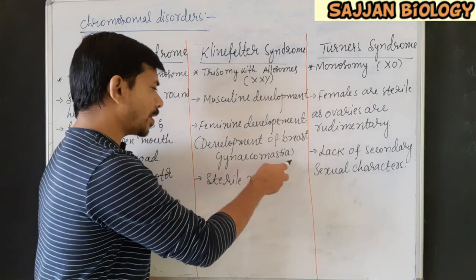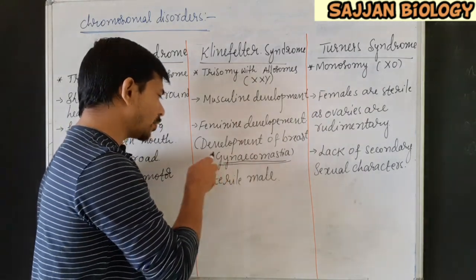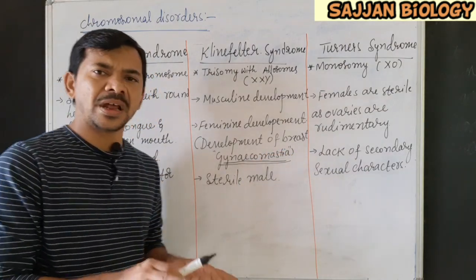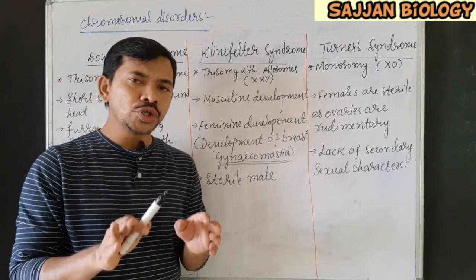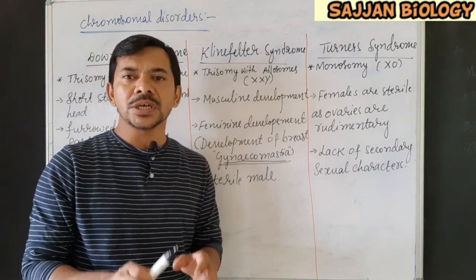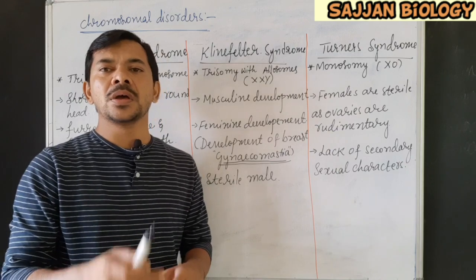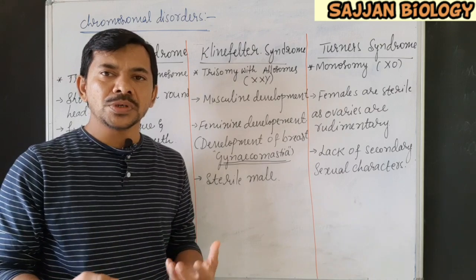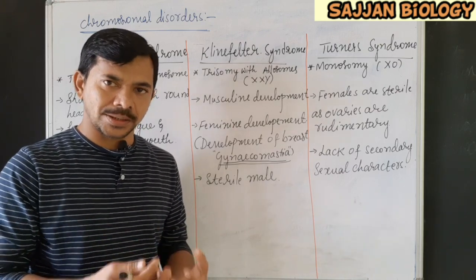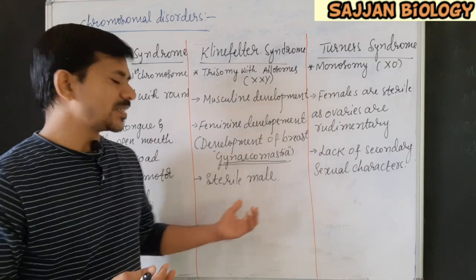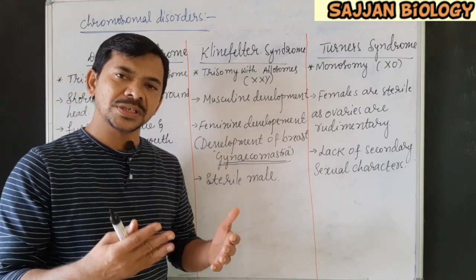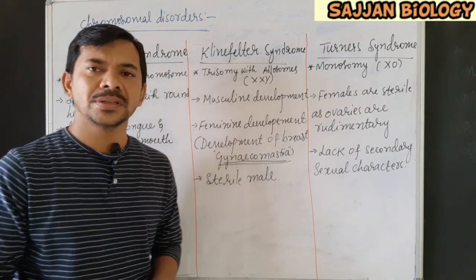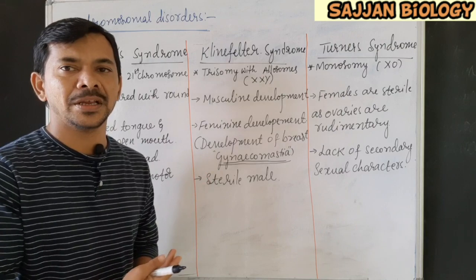Gynecomastia is an important term; please remember its meaning. The next one is sterile male. They cannot produce secondary sexual characteristics, and the hormonal secretion is very low; male hormones are not secreted as much as required. Their physical appearance is male, but they are not able to produce gametes, so we call them sterile.